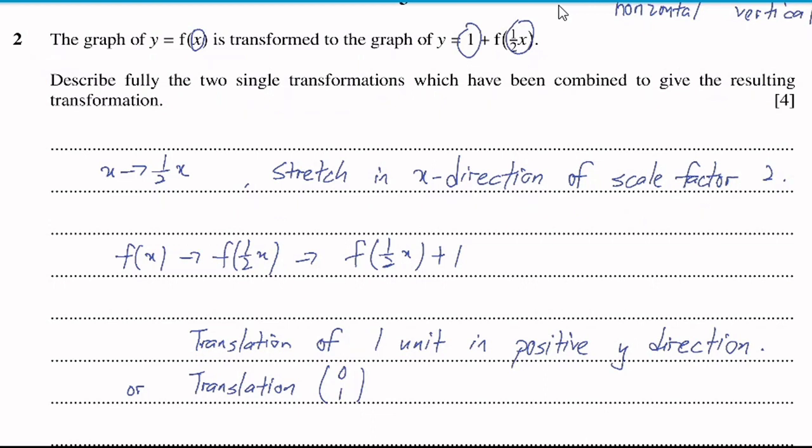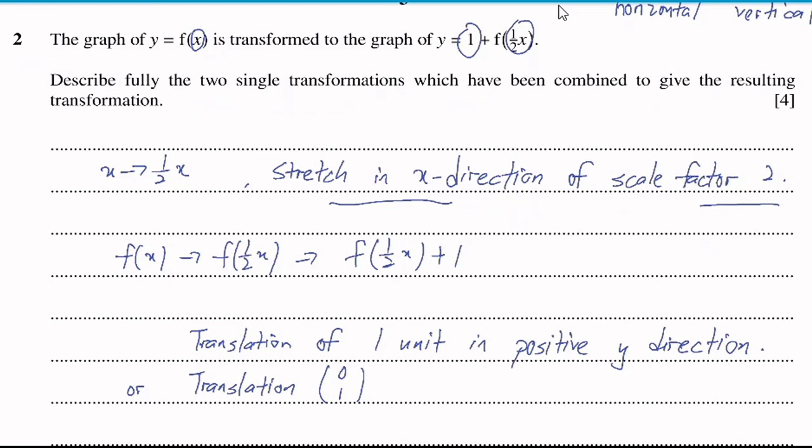That gives us the 4 marks. Usually the marks are awarded like this: the type of transformation is 1 mark, and the specific detail about it is another 1 mark. By doing this, you can already get the 4 marks.